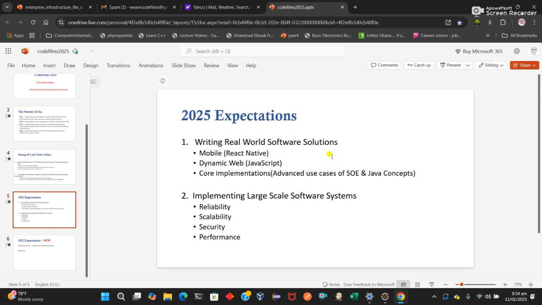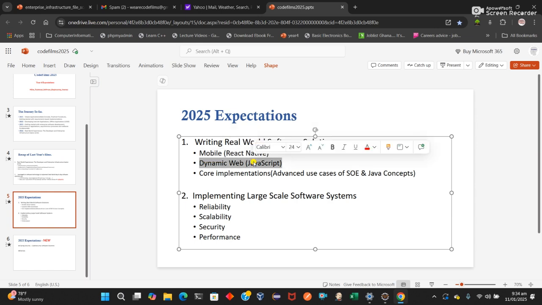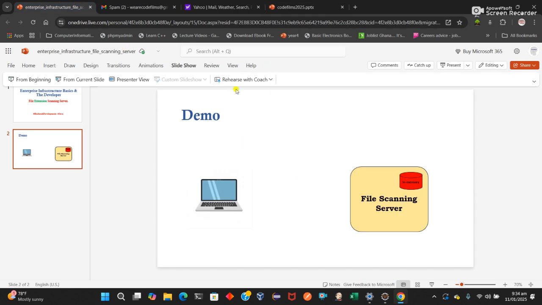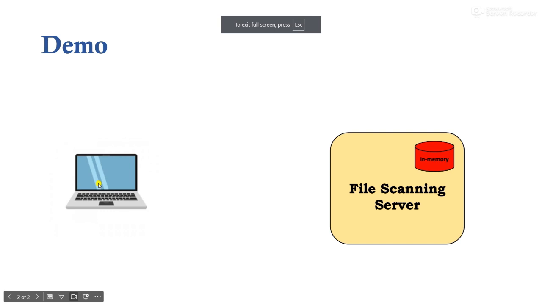The real world solutions we want to write, we want to make use of, some of them, React Native, JavaScript especially, and core implementations as advanced use cases of software engineering and Java concepts. So our code base has a bit of that, and that bit we'll look at later on. But now it's just a demonstration. So we want to go ahead and just demo that.